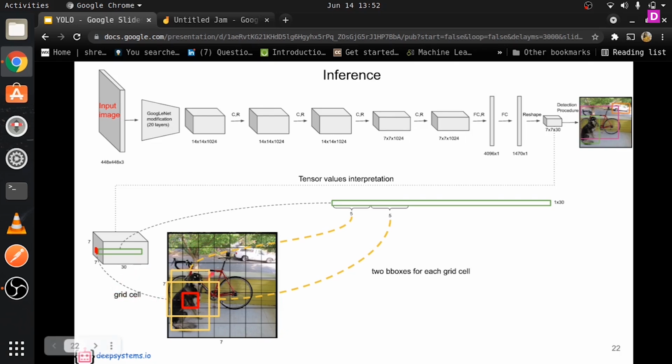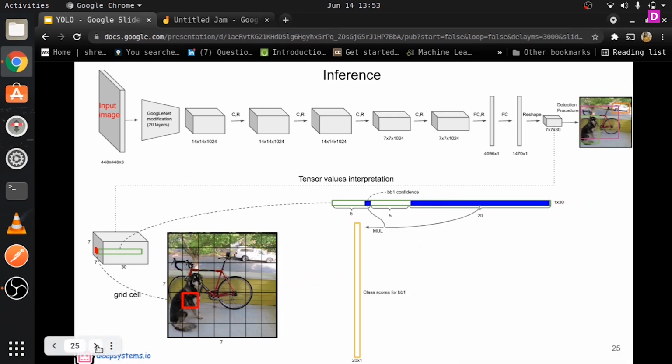The 30 here stands for 5 values for one bounding box, 5 values for the other bounding box, and the remaining 20 values represent your class scores. That is the probability that if there is an object, then the object is of a particular class. So that is what the 20 here is. And the 5 represents your change in x coordinate, change in y coordinate, change in width, and change in height for your anchor box.